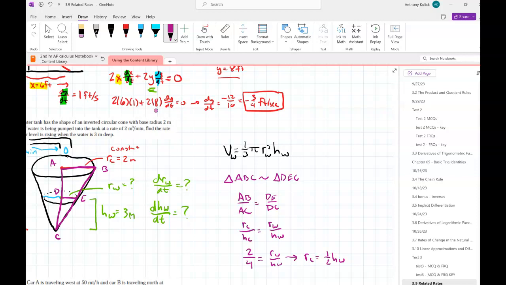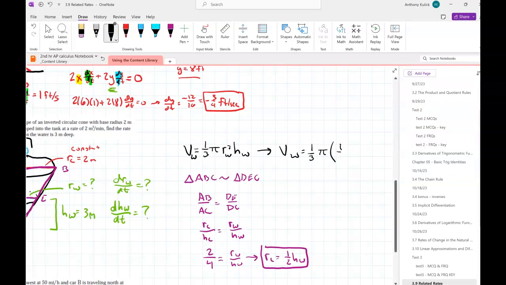Everybody okay there? This is what I need, because now I can change this equation to include just HW, which is wonderful because it eliminates R and dR/dt, which we didn't know either one of.